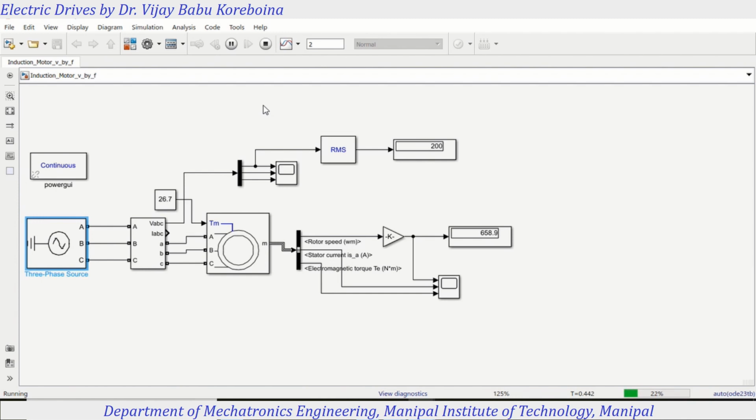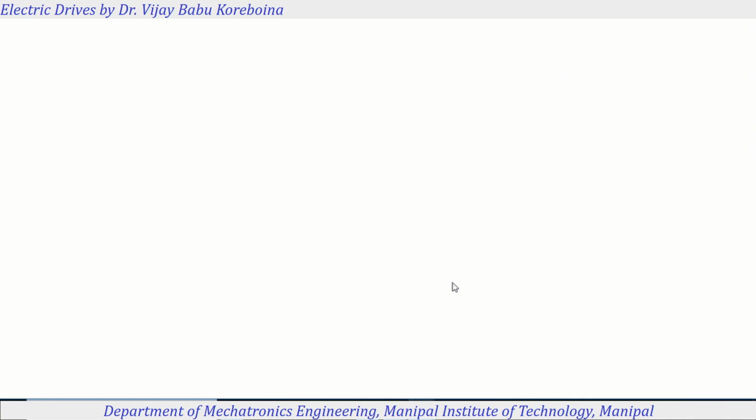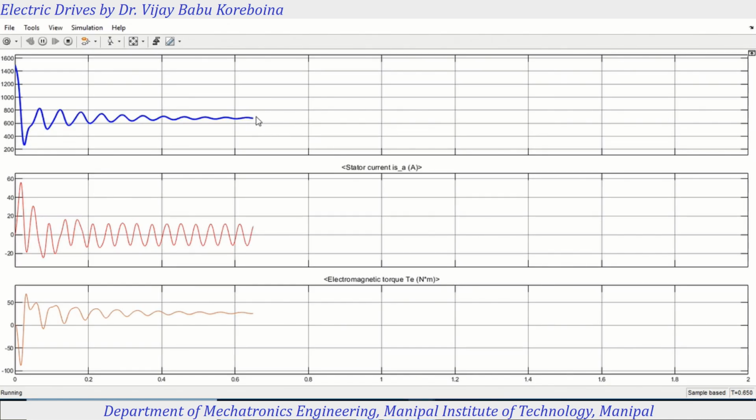So around 700, and you can see oscillations also. Earlier it was 1430 RPM. Now it's reduced to nearly around the 700 range, near to 700.